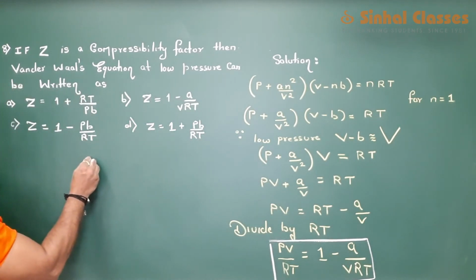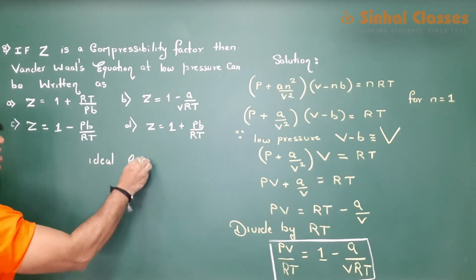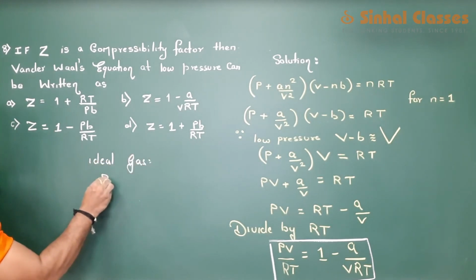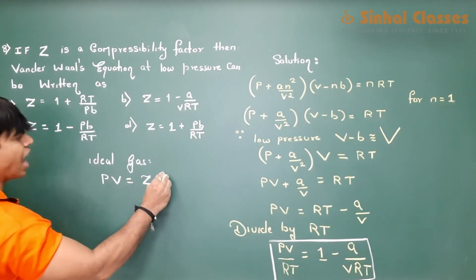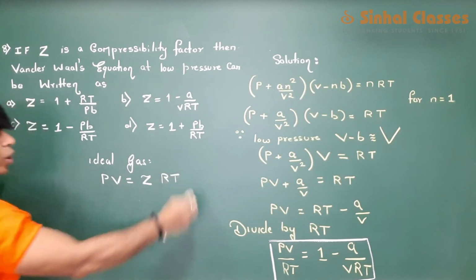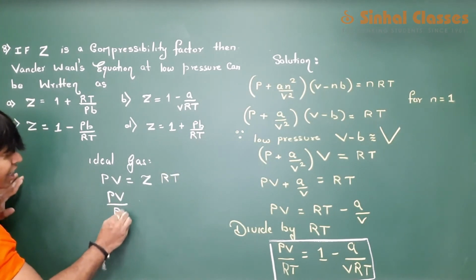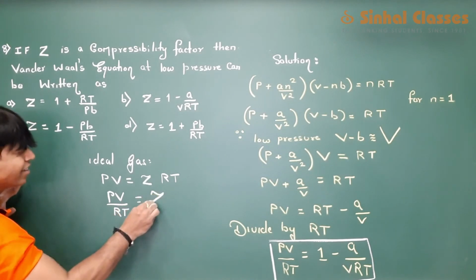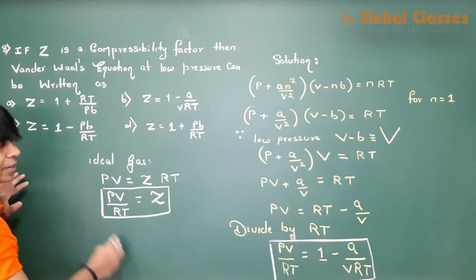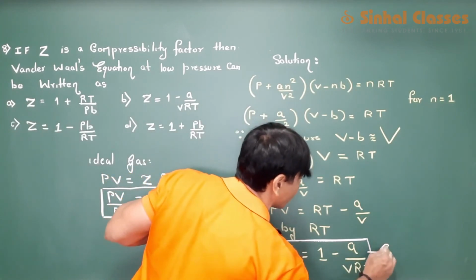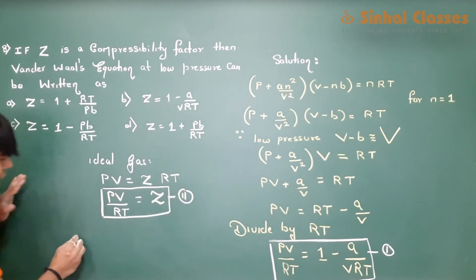Now we all know for an ideal gas PV is equal to ZRT for 1 mole. So PV upon RT is equal to Z. This I can take as equation 1, and this I can take as equation 2.